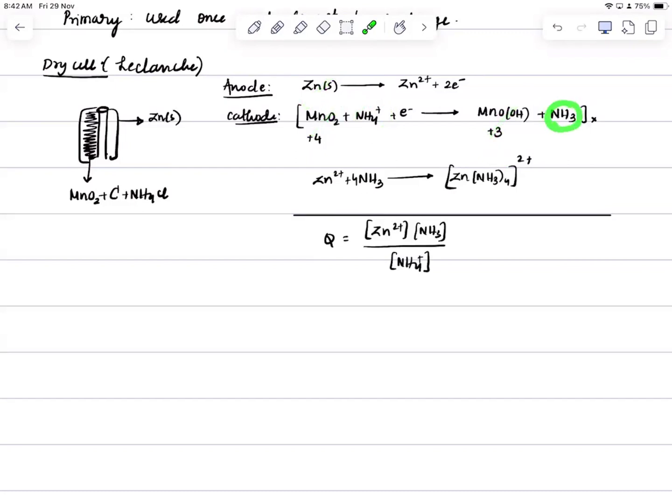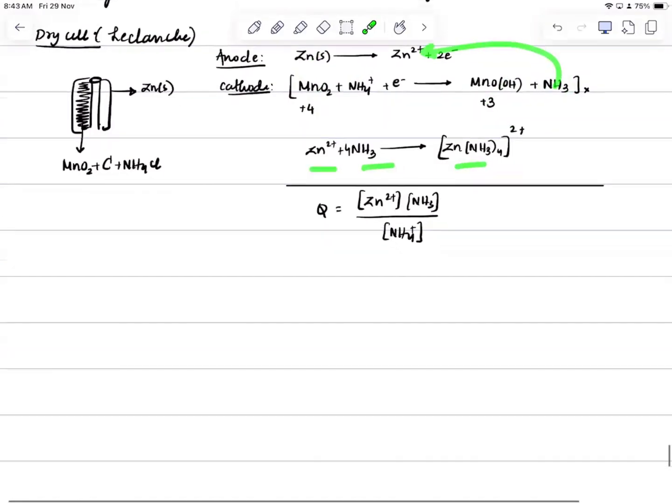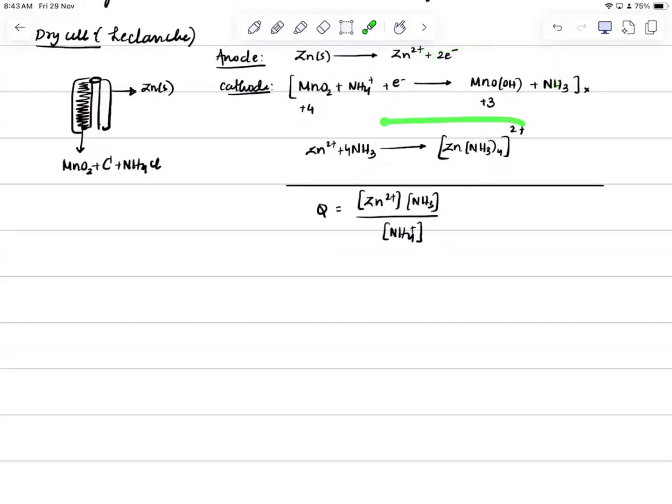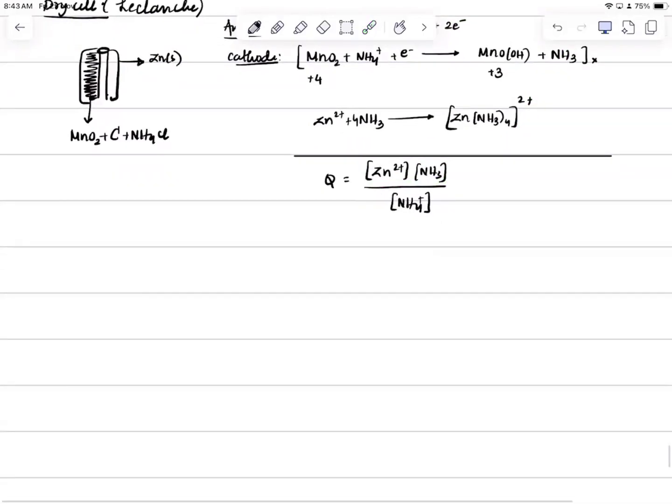You notice this ammonia also will be combined with zinc to form this complex, so we can again write this form here. But one thing is for sure, that Q is proportional to the zinc 2+ concentration.